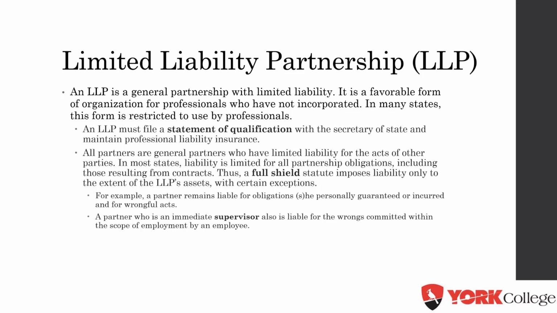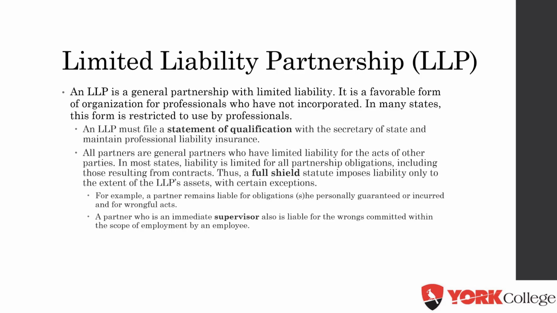In most states, liability is limited for all partnership obligations, including those resulting from contracts. Therefore, people that are a part of a limited liability partnership have more protection from personal liability when it comes to the partnership's debts or obligations.